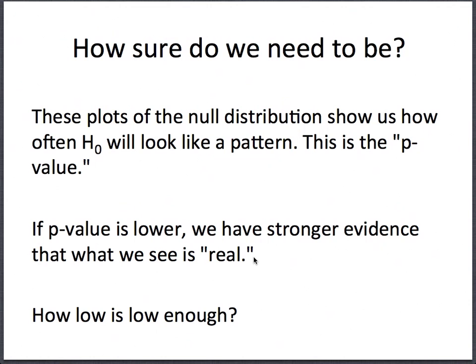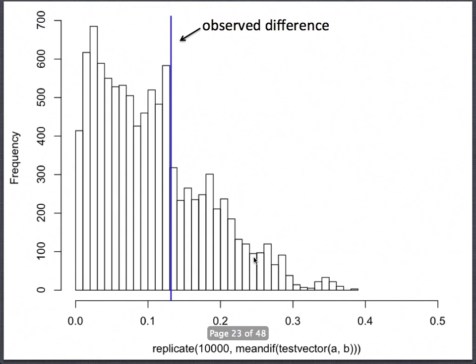So that leads to the question, right? How sure do we need to be? We know that as this bar goes to the right, it's going to be less and less likely that what we see happened by chance.